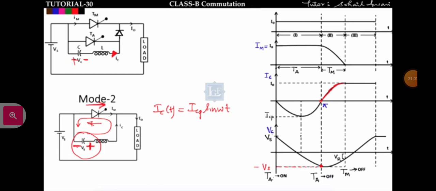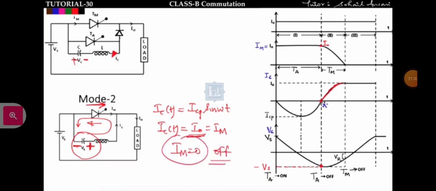We can see that at omega t equal to pi, the main current is I naught. The moment IC of t, that is ICP sin omega t, will be equal to the main current, the overall current flowing in this thyristor will be equal to 0 and this thyristor will go into the off state.